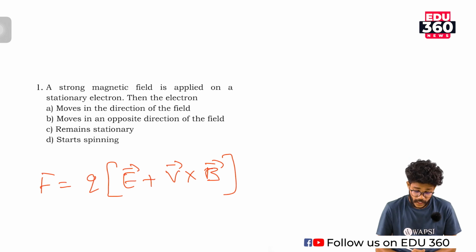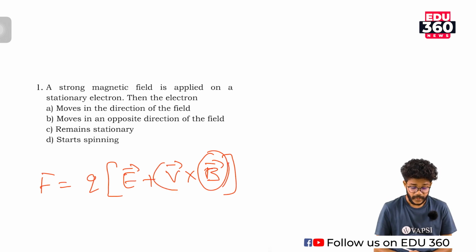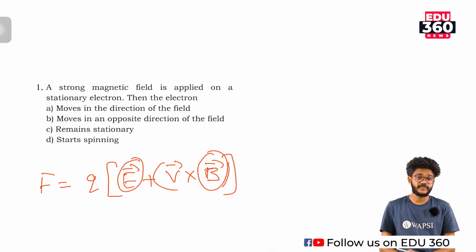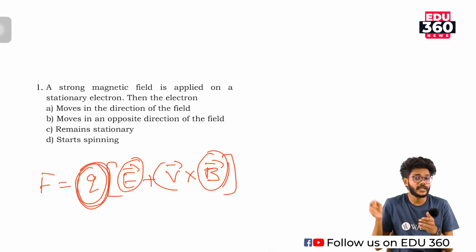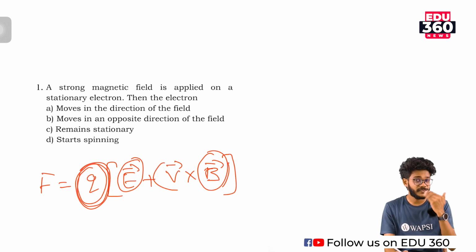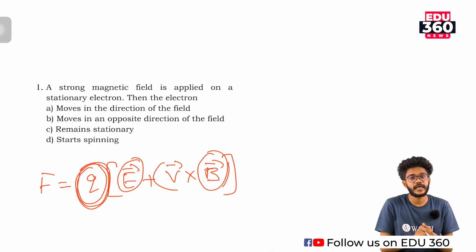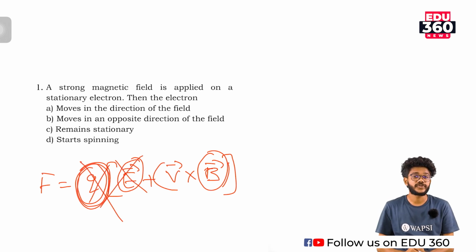A strong magnetic field is applied, so that means the B is in here. But there is no other charge introduced there, so we can neglect the component of force due to the electric field.